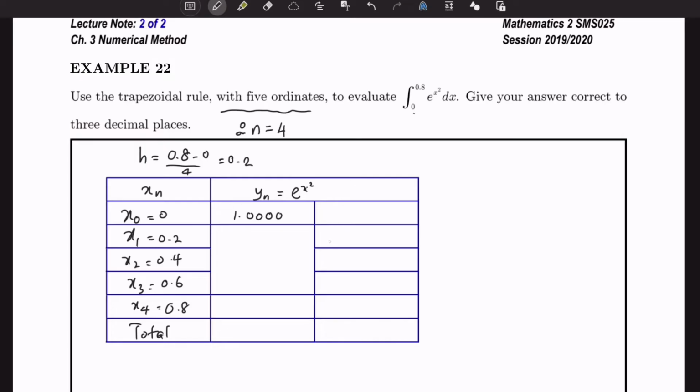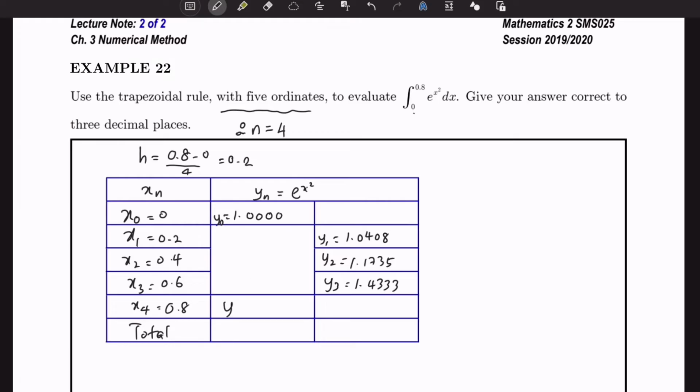So this is y0. This is y1, 1.0408. y2, 1.1735. y3, 1.4333.